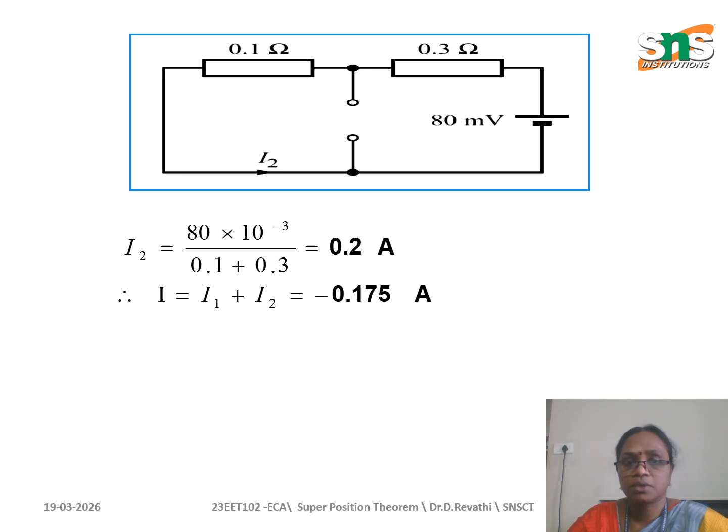So I2 is equal to 80 into 10 power minus 3, because 10 power minus 3 is milli, that is, the voltage source value is 80 millivolt, divided by these two resistors, which are in series, added. Then I1 we also find, and I1 plus I2 gives the value of minus 0.17 amps.